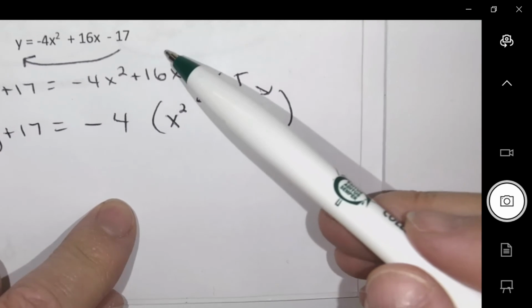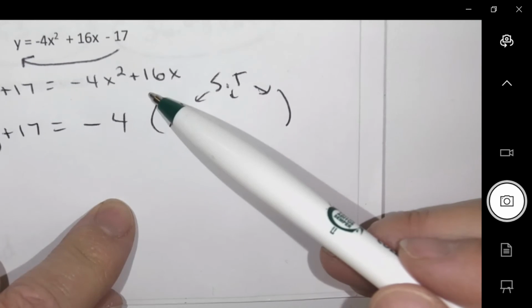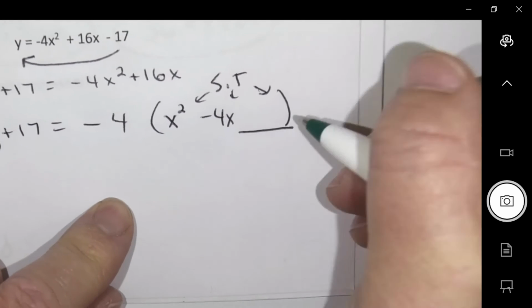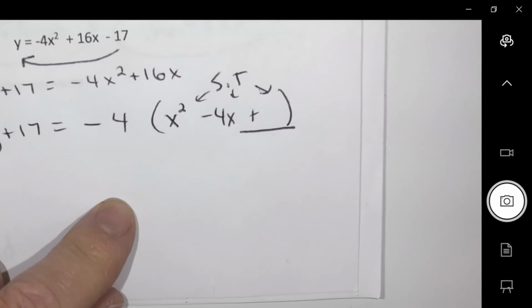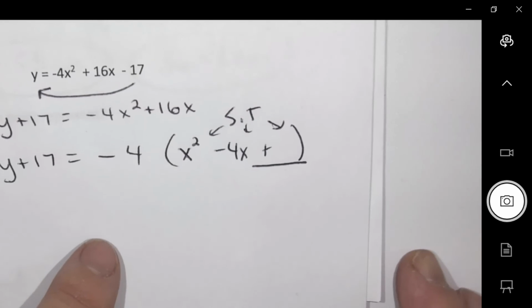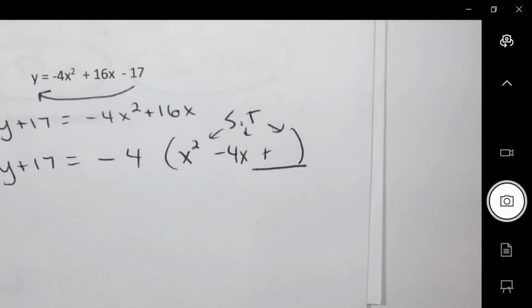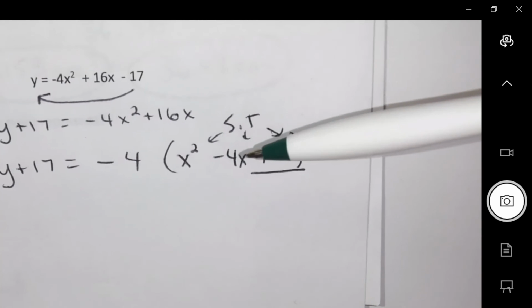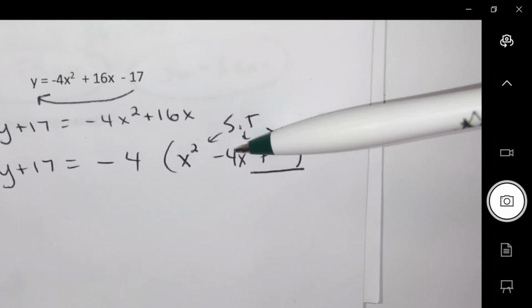Okay, what happens to this second term? You're dividing it by -4. -4x. Now I can finish it up. So now this is where I create my own value. What are we doing? Divide it by 2. Got that number? Which is -2.